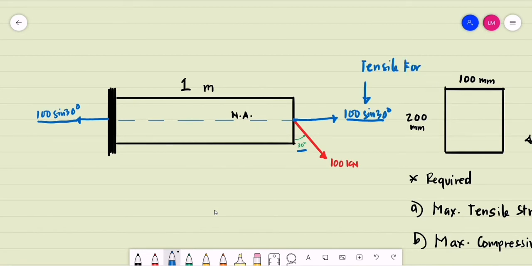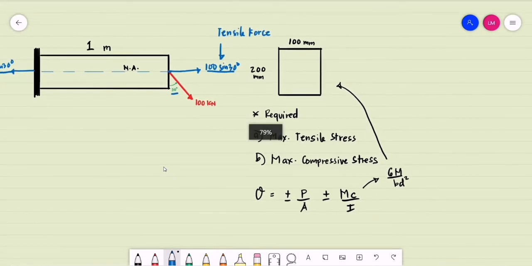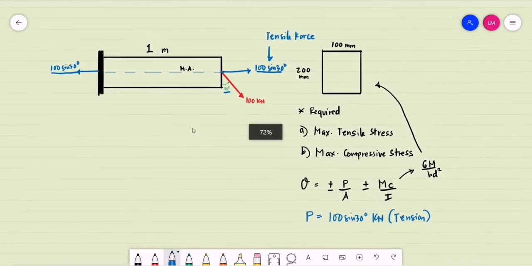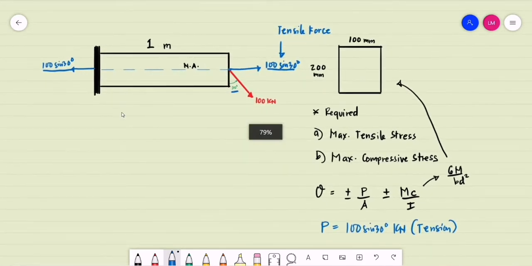When it comes to sign convention, a tensile force is assumed positive. So for our combined stress, the value of P is equal to 100 sine of 30 degrees kilonewtons, under tension. This means we don't have a compressive axial force for this problem.